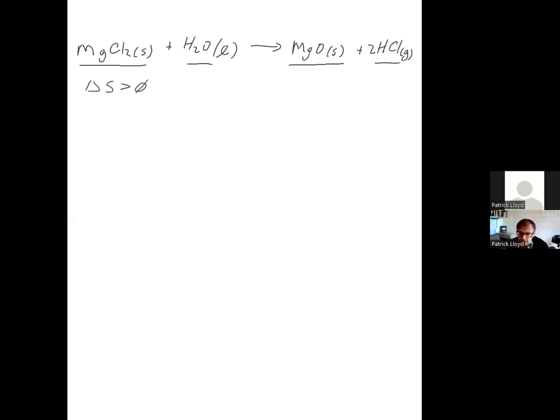But having said that, what I want to do is show you how to calculate it. So again, you're going to use the ALEKS data tab for what are called standard entropy values.